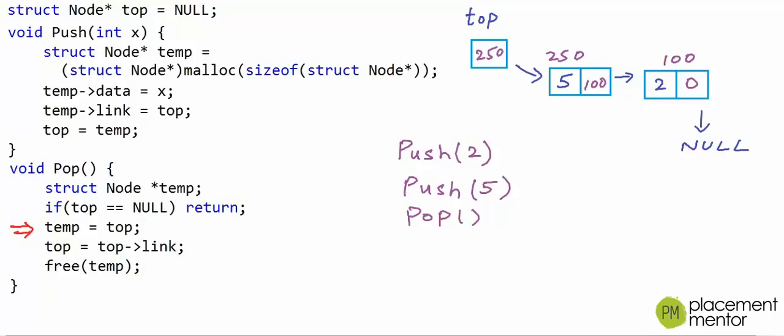What we are first doing is creating a pointer to node temp and pointing it to the top node. And now we are breaking this link. We are setting the address in top as the address of the next node. And now using this pointer variable temp, we are freeing the memory allocated to the node being removed from the list. Once I exit the pop function, this is my stack.